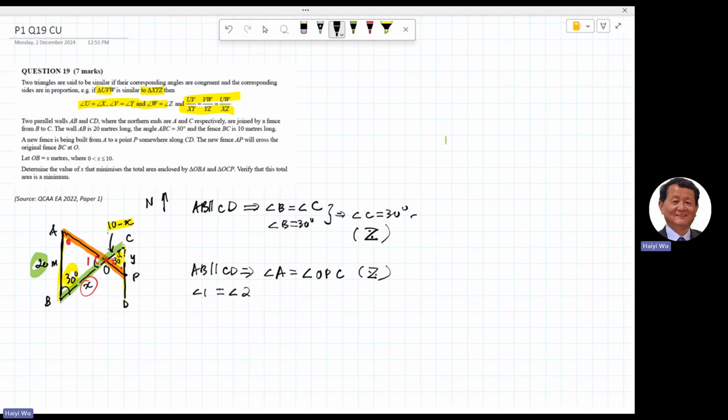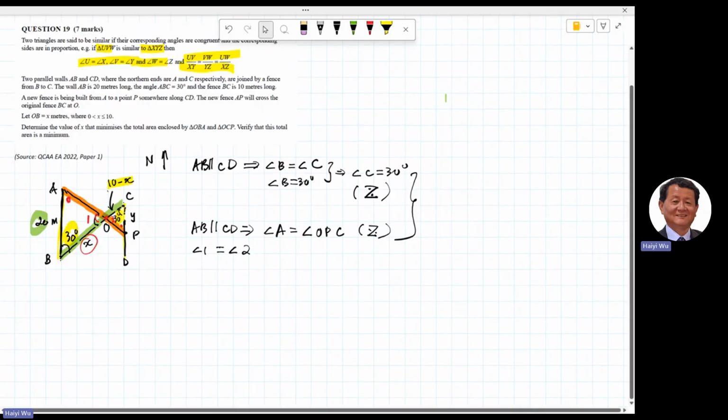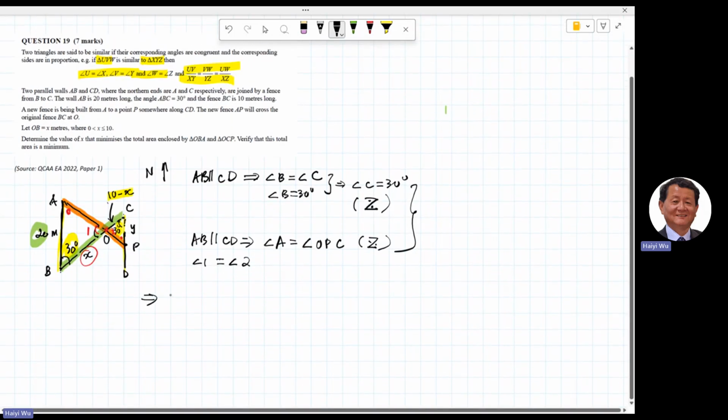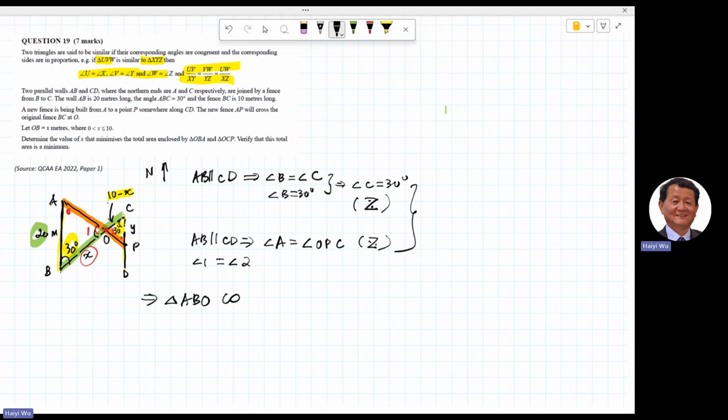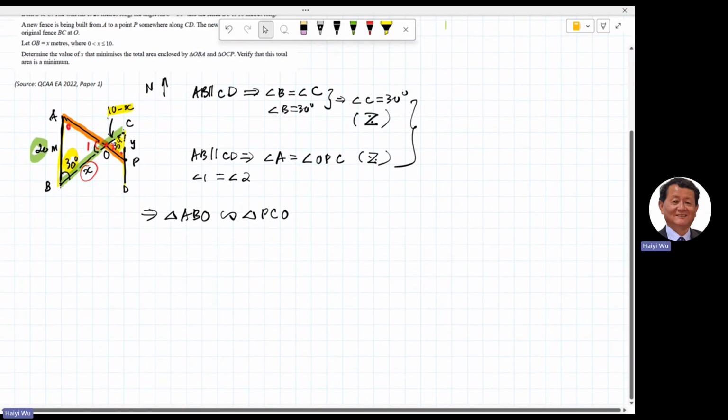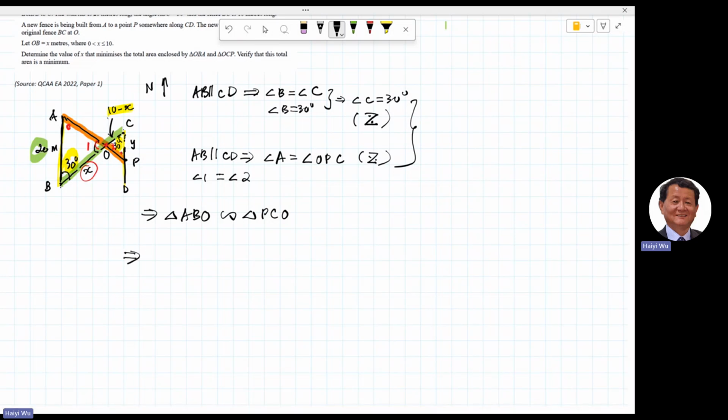Now all those angles are equal, so we can conclude that triangle ABO is similar to triangle PCO. These are the two similar triangles. Once they are similar, the corresponding sides should be proportional.